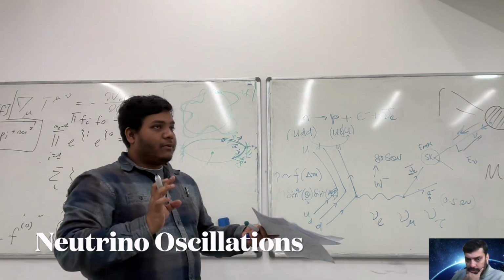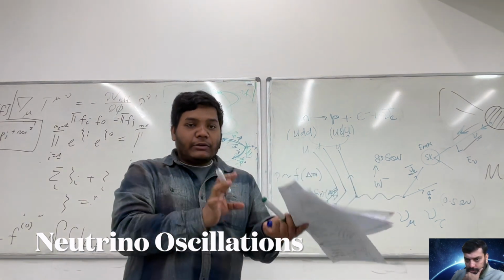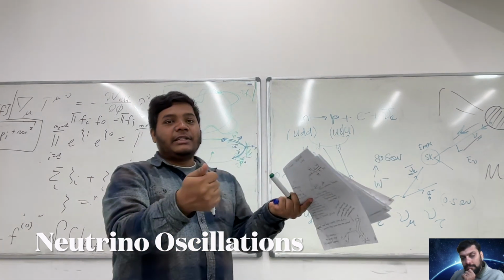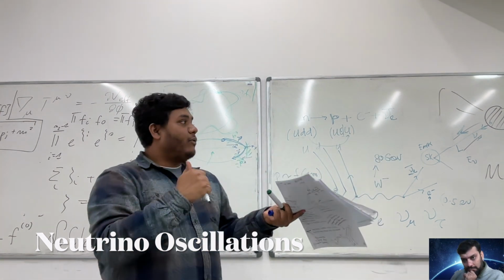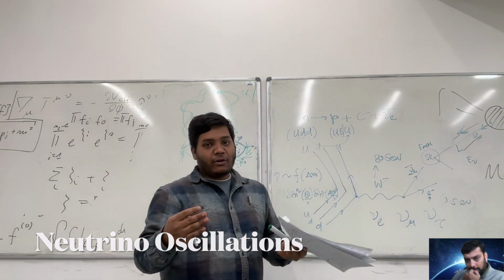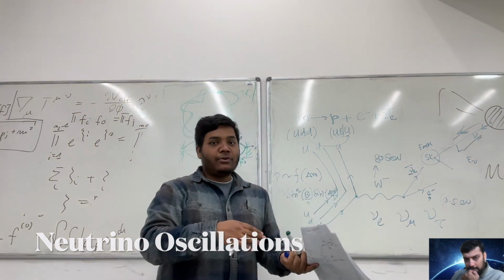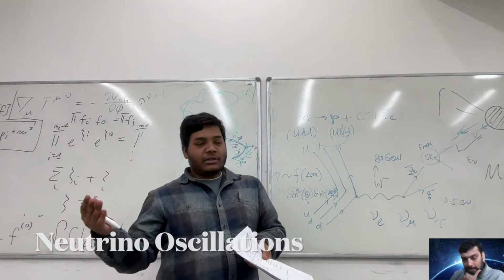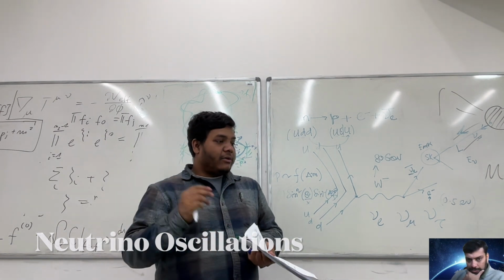The picture is that whatever neutrino was created at the sun, let's consider it is muon neutrino, when it reaches the earth, there is a possibility it can convert or change its flavor from muon to electron, or electron to something else, muon or tau.